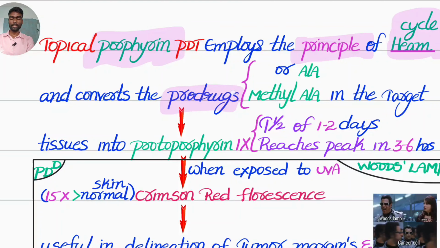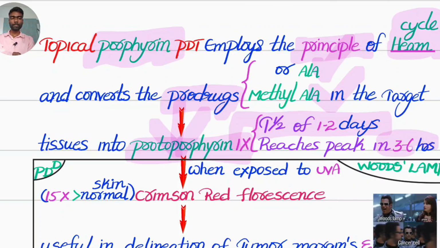What are these prodrugs? ALA, methyl ALA, aminolevulinic acid, in the target tissues into protoporphyrin 9, a potent photosensitizer, which when combined with visible light will kill cancer cells. It has a half-life of 1 to 2 days.